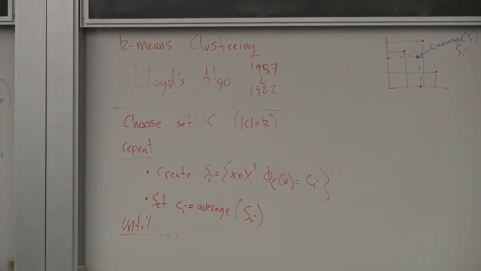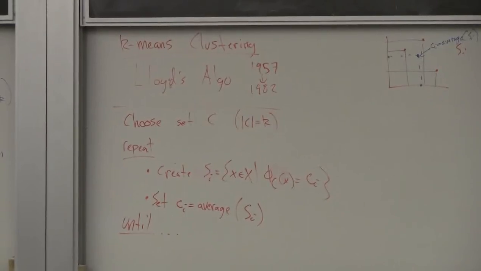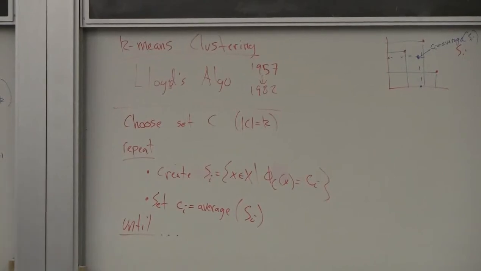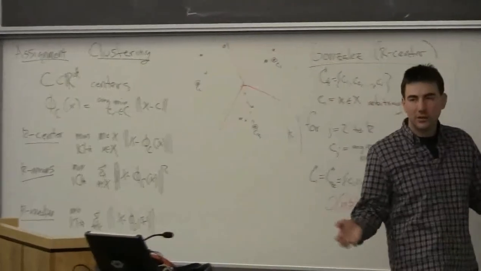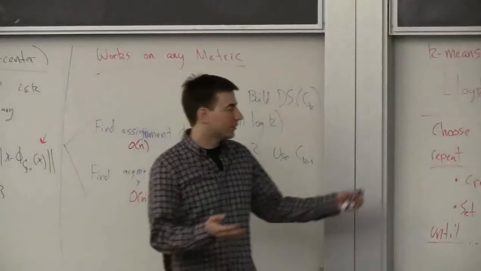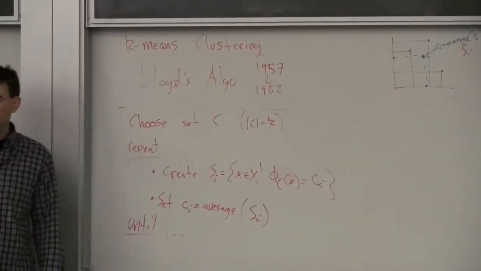This is the argument, the point that has the maximum value here, and that's what I'm trying to minimize. For K-means, I'm trying to minimize the sum of the squared distances. For the K-median, I'm minimizing just the sum of the distances. Why did this associate with the K-means?